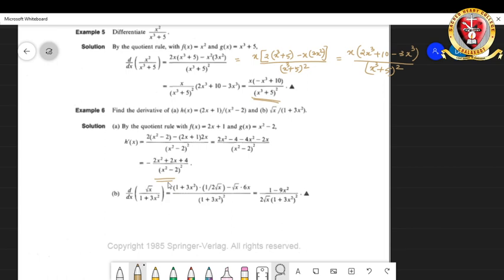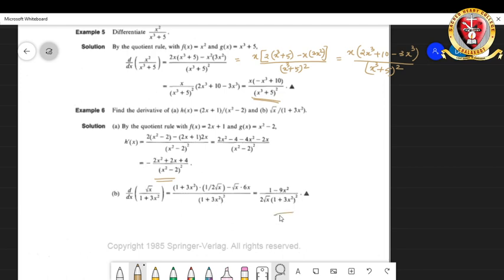The next is find the derivative of root x divided by 1 plus 3x square. So for that, d by dx of root x divided by 1 plus 3x square is equal to 1 plus 3x square into derivative of the first function, which is 1 by 2 root x, minus the first function into derivative of the second function, which will be 6x, the whole divided by 1 plus 3x square the whole square.